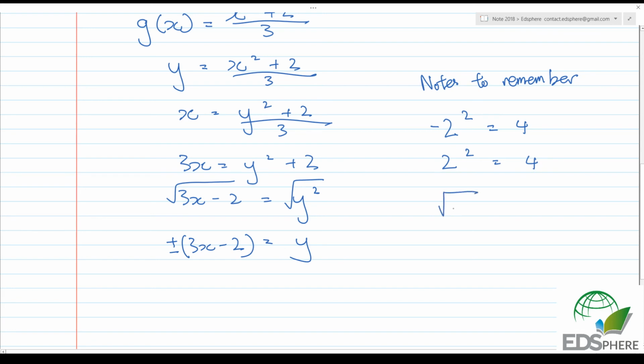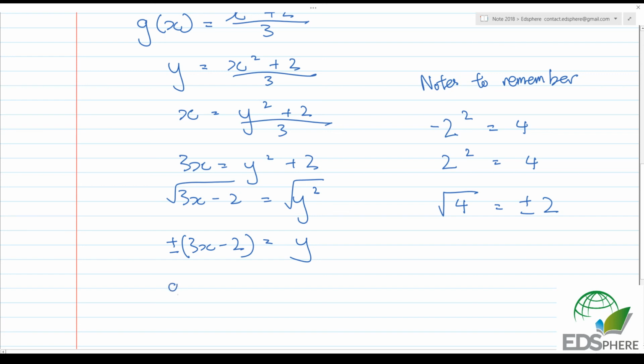So when we square root 4, it equals plus or minus 2, because there are two different possibilities when we're squaring to get a 4. When we square a negative number, we get a positive number. So same logic here. When we square root something, be sure to put a plus or minus sign.